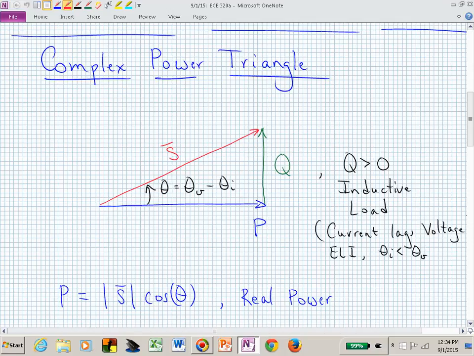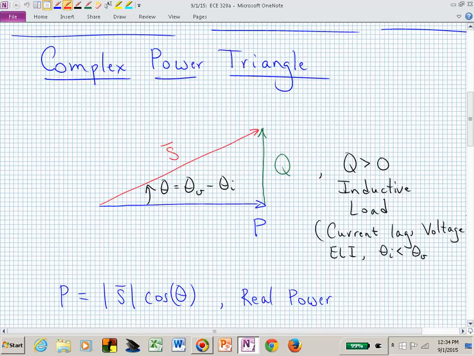Vertical power or reactive power is VARs, volt amperes reactive. The real power and the reactive power are orthogonal. The hypotenuse on this right triangle is the complex power. It has a length, which we will call the apparent power, and it has an angle, theta.